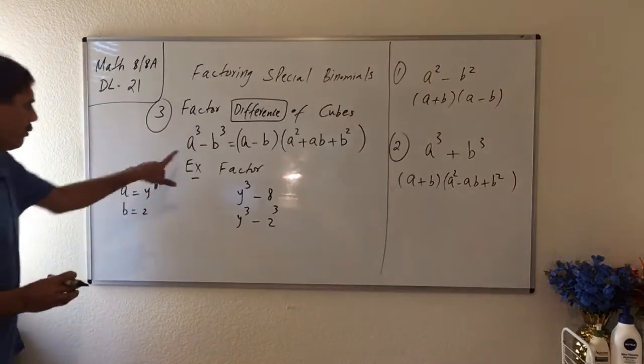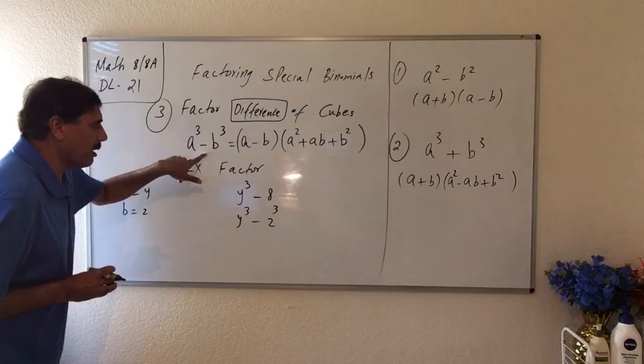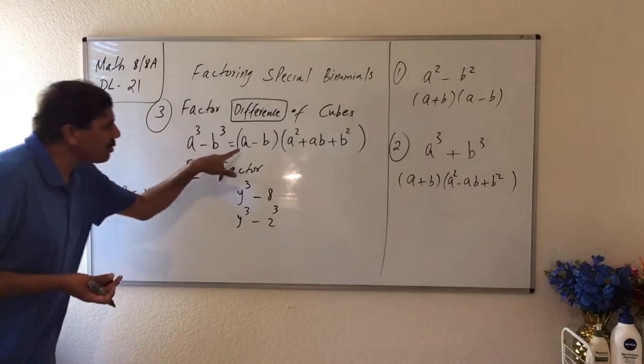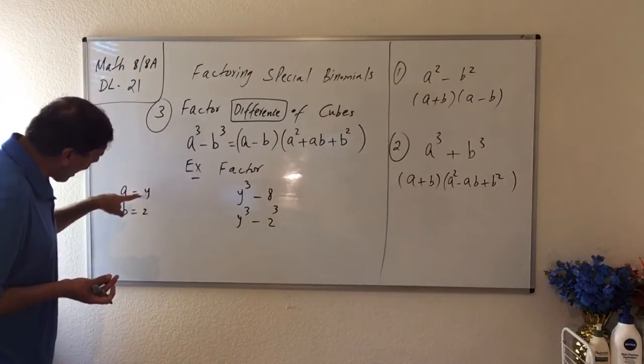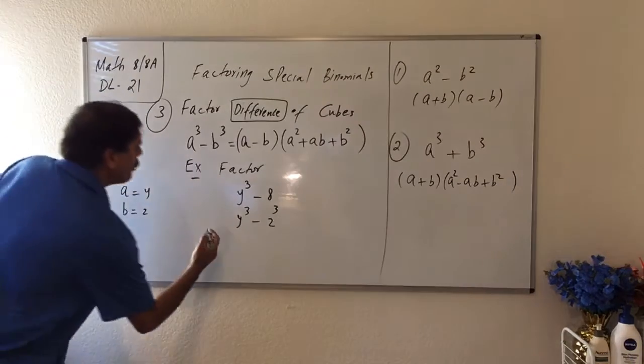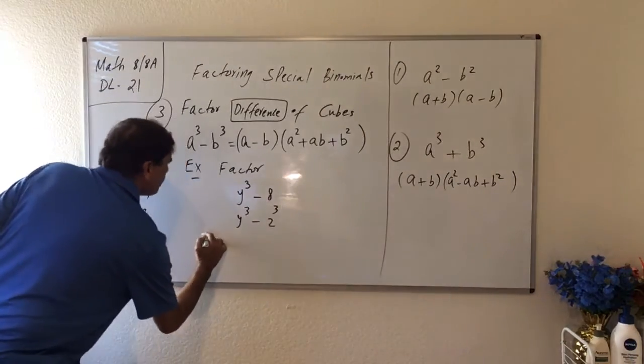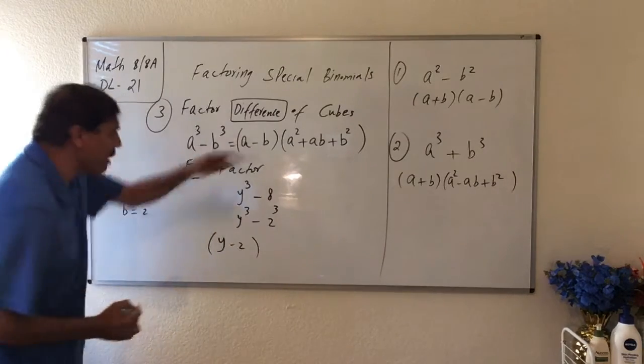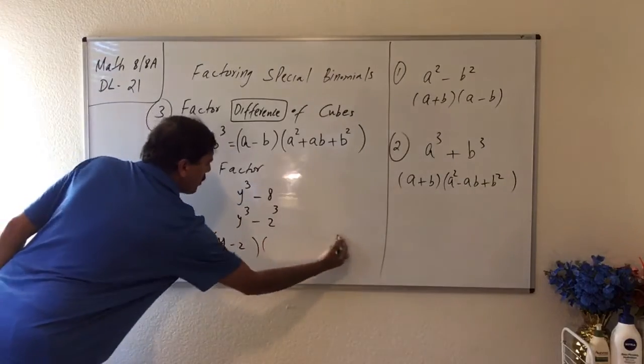Now make sure you remember this formula, or for now you can just write it down. Replace the first base a with y and b with 2. So the answer is y minus 2, that's a minus b, times a trinomial.